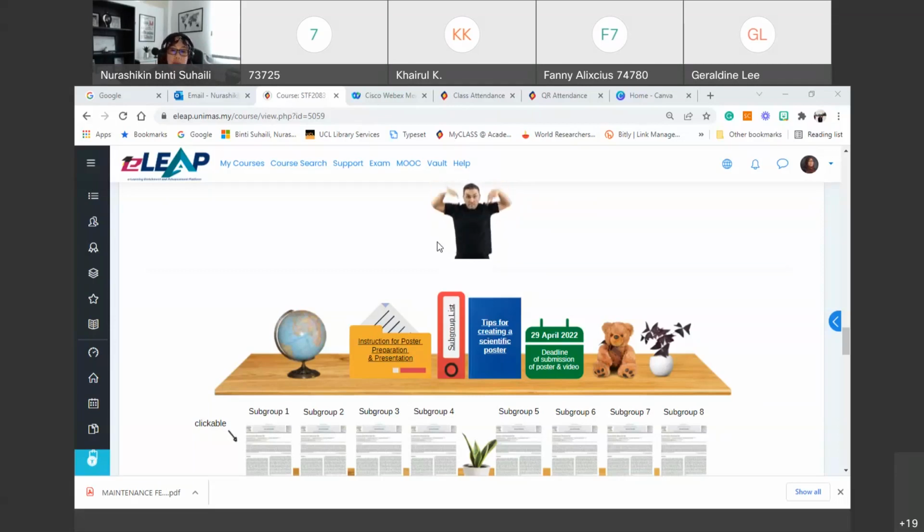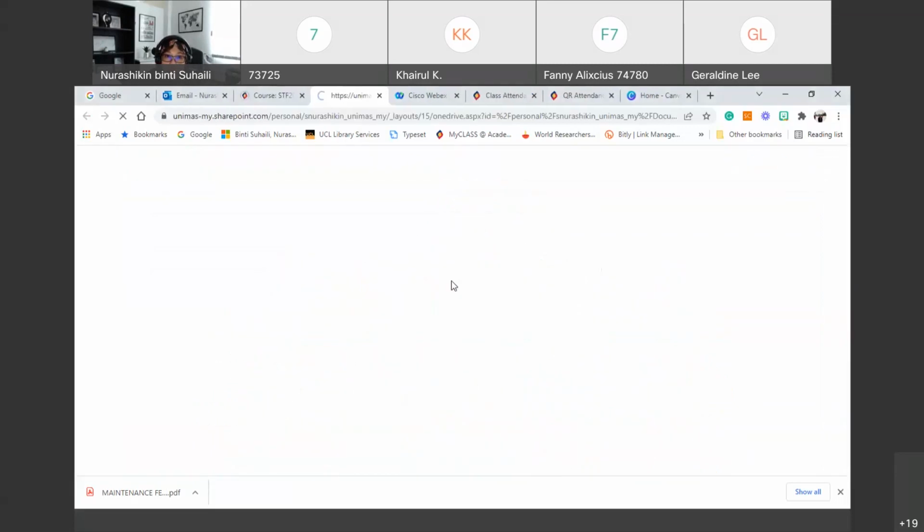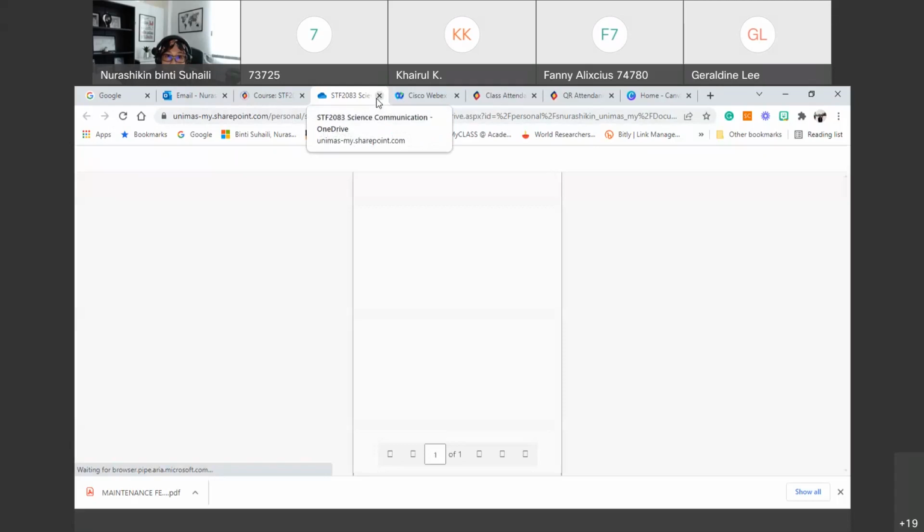It's going to be the same group that you have to work with. So these shelves, you just click on those items. Any underlined text is clickable. For example, if I click on this subgroup list, it will direct you to the list and the information.